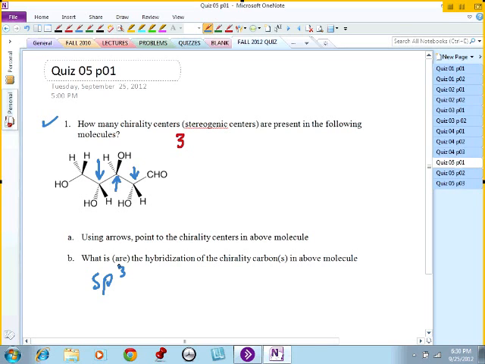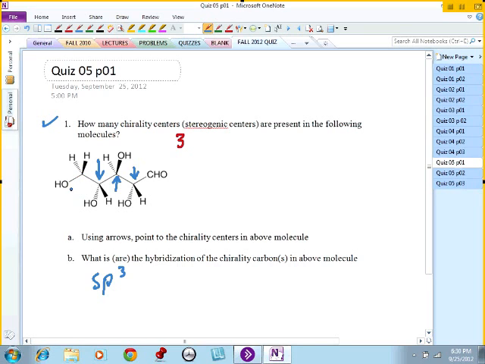Yes. Going back to question number 1, why wouldn't the first one be? This here? That's because it is attached to 2 hydrogen atoms. This carbon is attached to 2 hydrogen atoms. So that is not a chirality center.